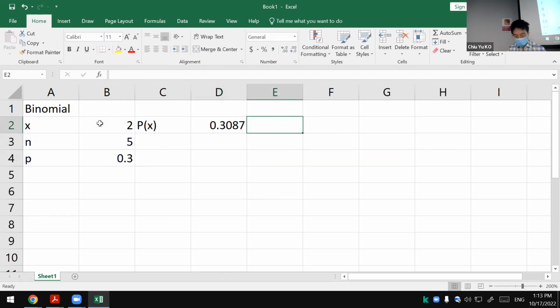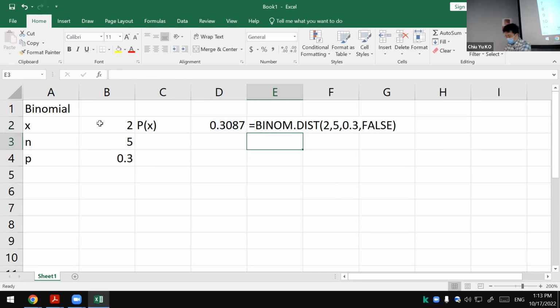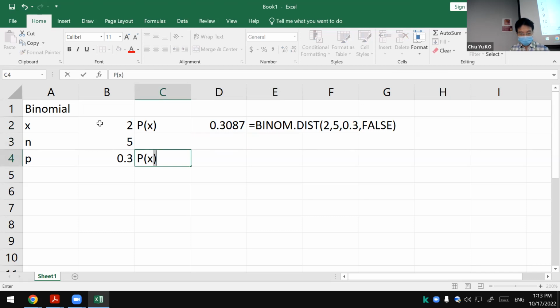So let me do the formula test here. Hopefully you can try it on your computer and see. This is the P we want. Let us also calculate this from scratch.